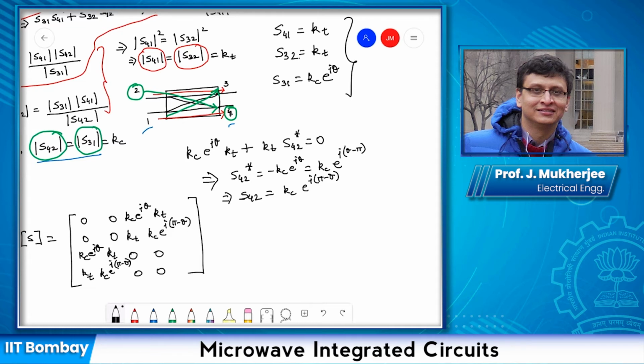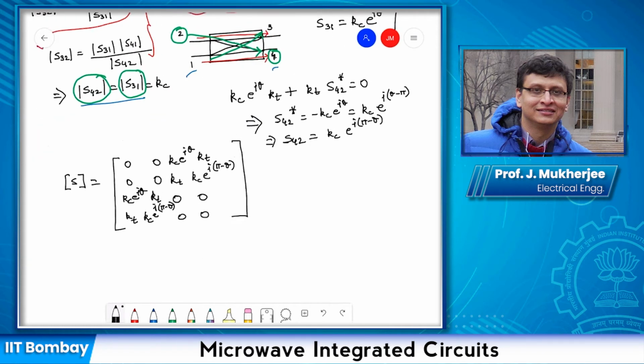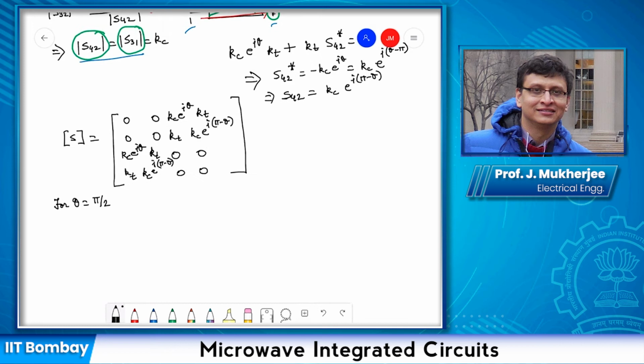Now, depending on what we assign the value of theta, we can have two types of couplers. Now, why two? I will come to that later. But for theta equal to pi by 2 or 90 degrees, we obtain a set of couplers which are called 90-degree couplers.